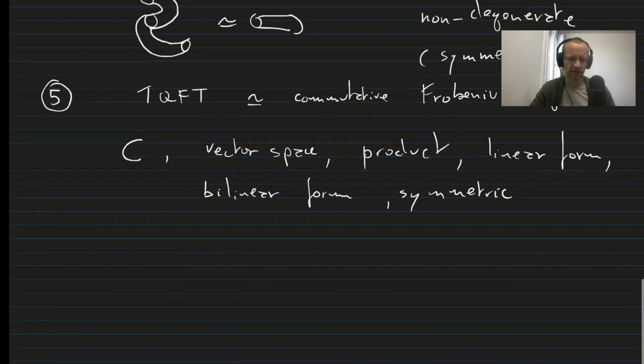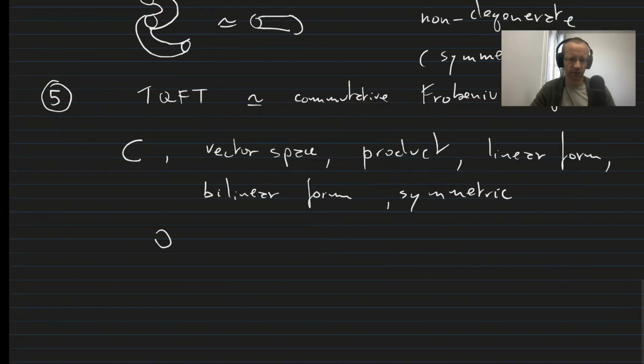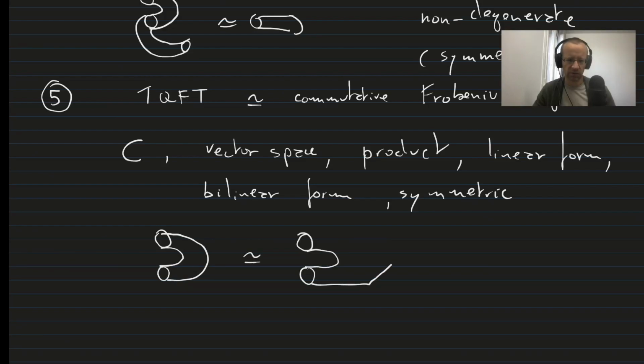To explain this, we can draw this drawing once more of the bilinear form. Note that it is equivalent to first taking a product and then capping it off, such that the linear form gives rise via the product to the bilinear form.